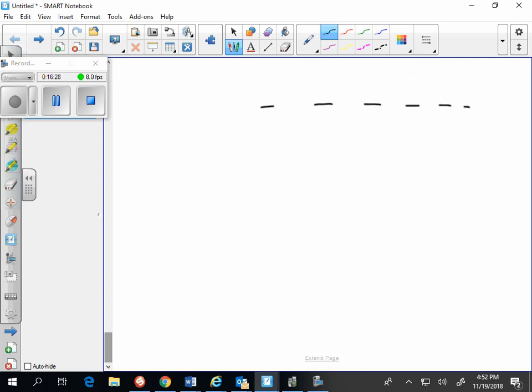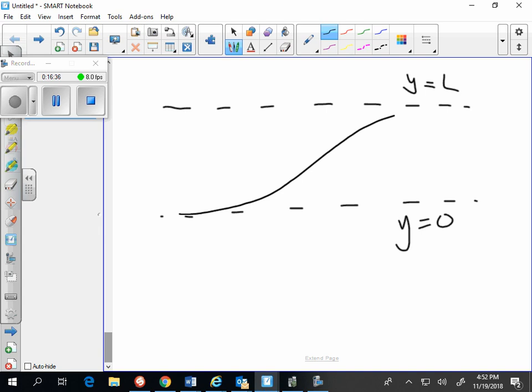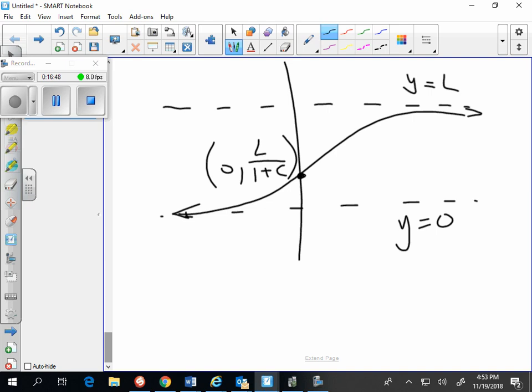But let's graph our basic logistic curve. We've got horizontal asymptotes at y equals L and y equals 0, and we've got this S shape here, and we've got this point that we just discovered called (0, L over 1 plus C). That's our y-intercept.